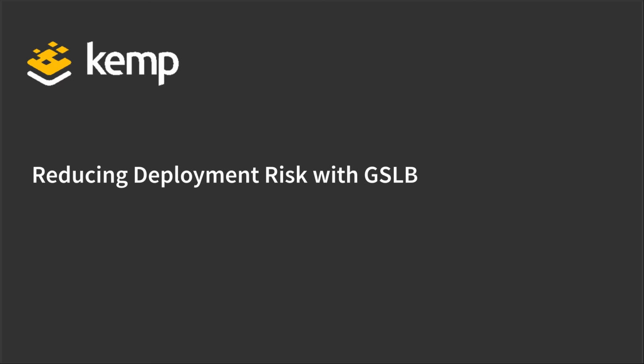So now when we talk about deployment risk, often there's a lot of focus on availability. There's a lot of focus from application and NetOps teams on how they ensure uptime and stability in the system. But deployments are also a security risk.